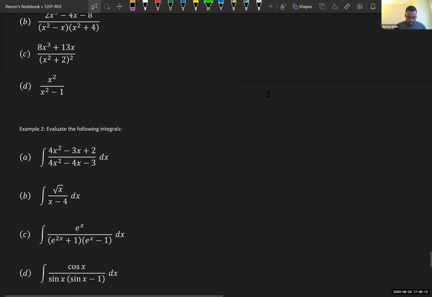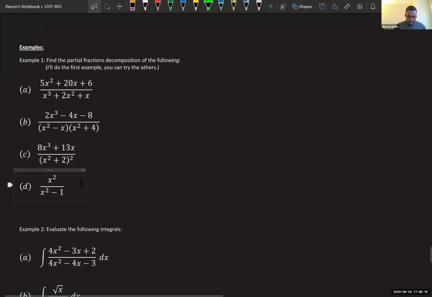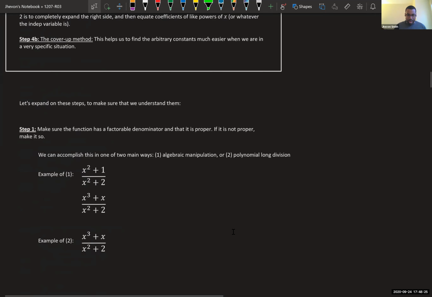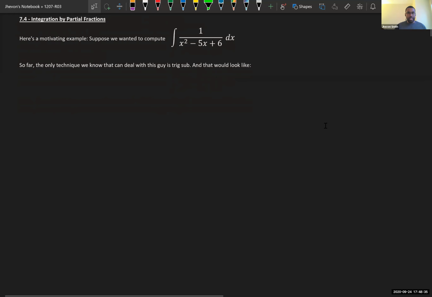Coincidentally, I already had an example that looked like that. So after going through partial fractions, hopefully you can go back to that example and try the problem a different way. Let's jump back into this.